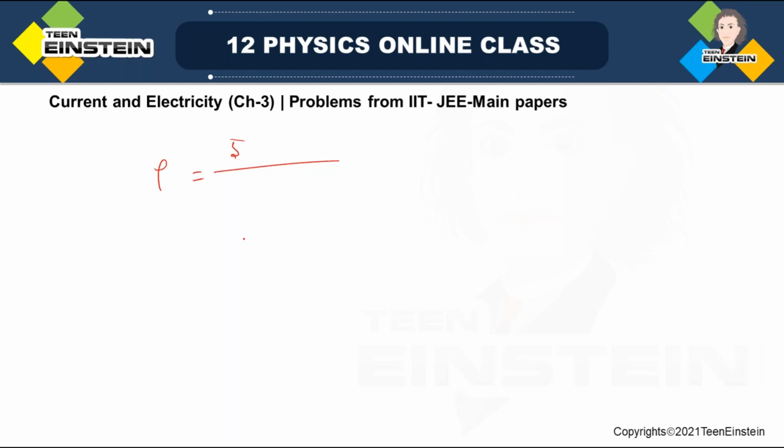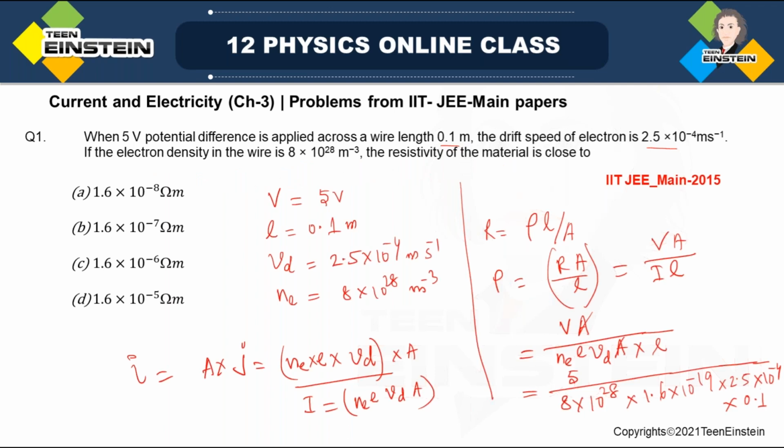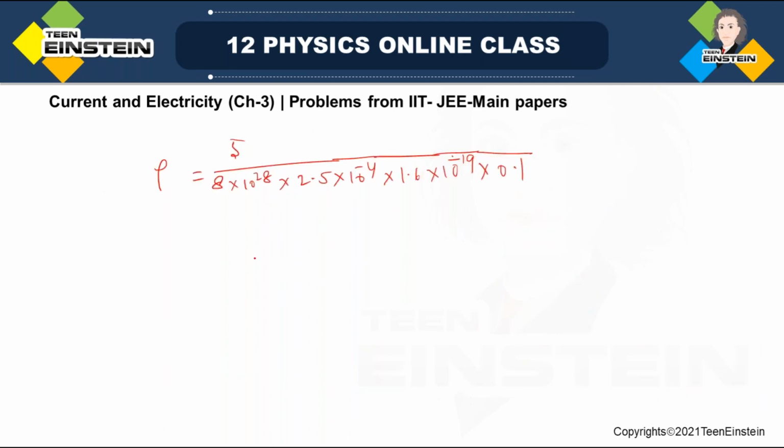So I have 8 into 10 to the power 28, 2.5 into 10 to the power minus 4, E is 1.6 into 10 to the power minus 19, NEVD into L, 0.1. I hope I have written everything. So now look, we have to solve this. Resistivity actually will be in ohm meter unit.